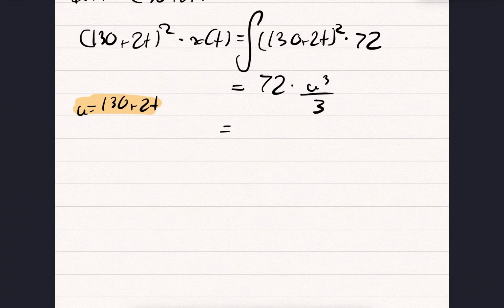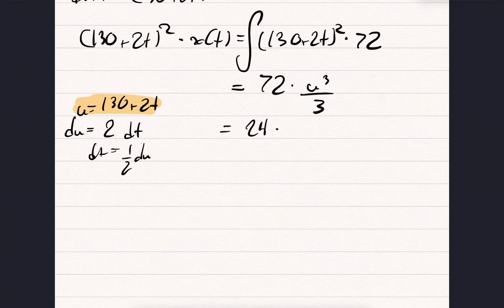It's probably got to be like 24, right? 24 times 3, yeah, 72. So we got 24 times, let's just keep going. Equals 2 dt, so dt equals 1 over 2 du.